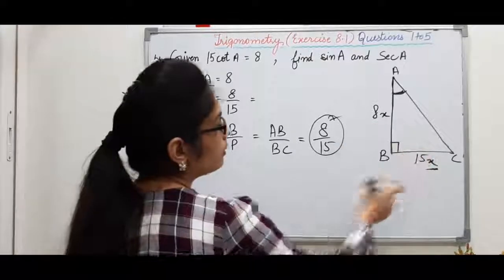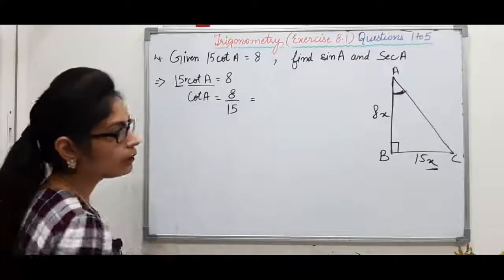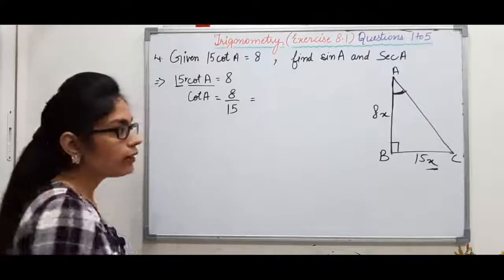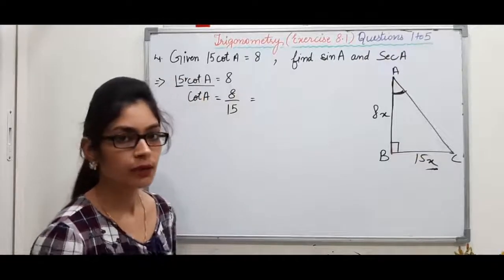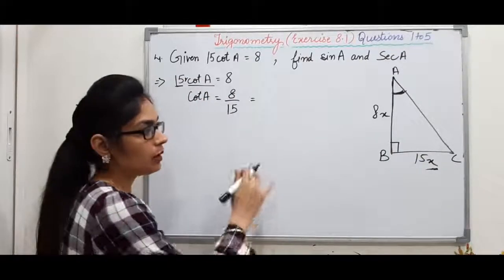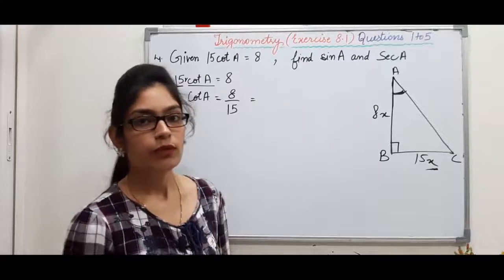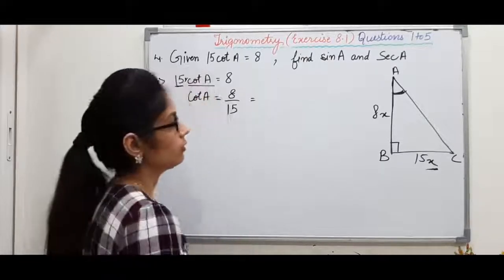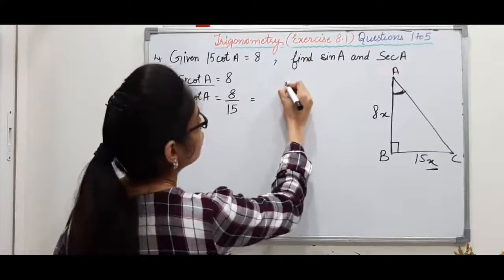Now we have got the two sides, and this is a right angled triangle. So in a right angle triangle, the third side we can easily find by using Pythagoras theorem. So you can also do this sum along with me. You can pause the video and see whether you have got the same answer or not. So now let's do Pythagoras theorem.